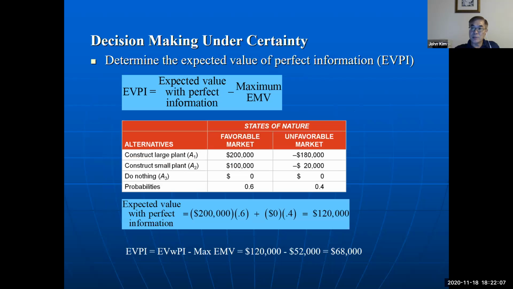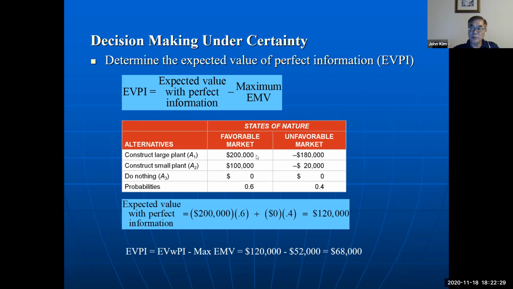And the next one is decision making under certainty. Similar. This one is the maximum of favorable and the maximum of unfavorable among the three alternatives.